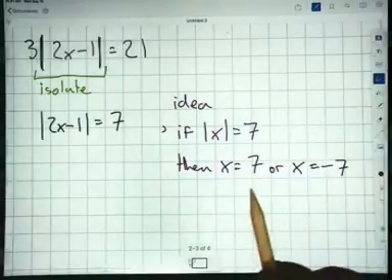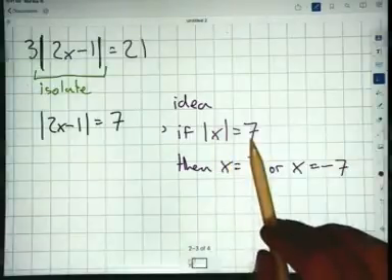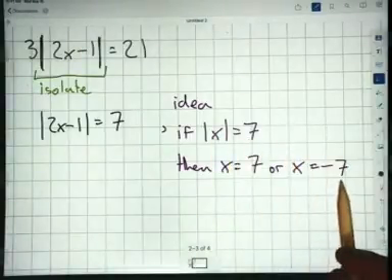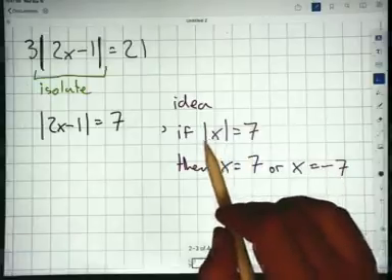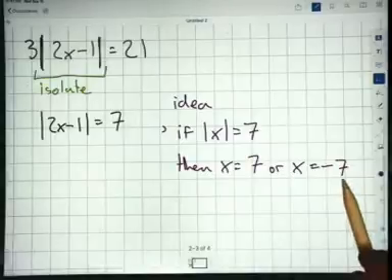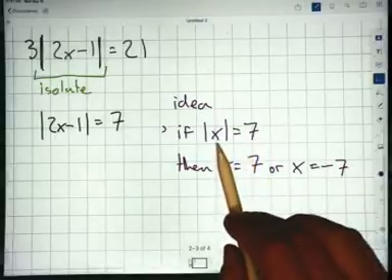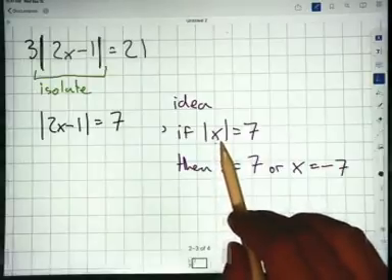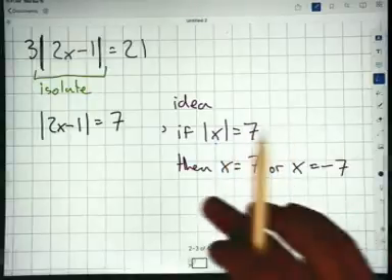Absolute value of 7 is 7, okay? But if you put -7 inside the absolute value bars, it is still going to make 7. So there's two possible values of x that can plug in here, so that result is 7.